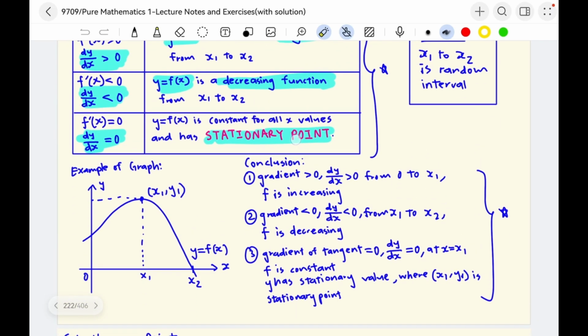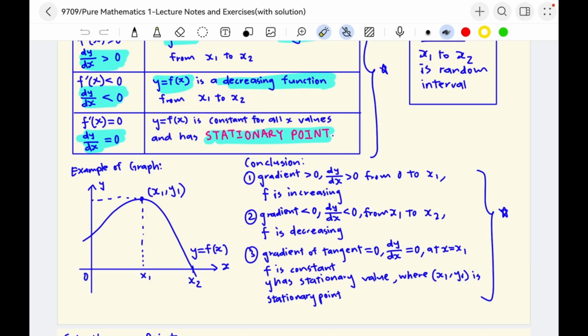And what about f'(x) equal to 0? It means that there is a stationary point, which means that y equals f(x) is constant for all values of x.